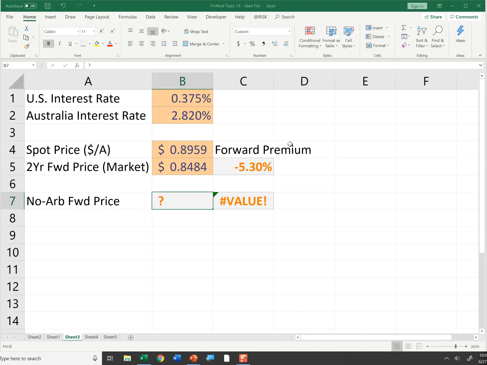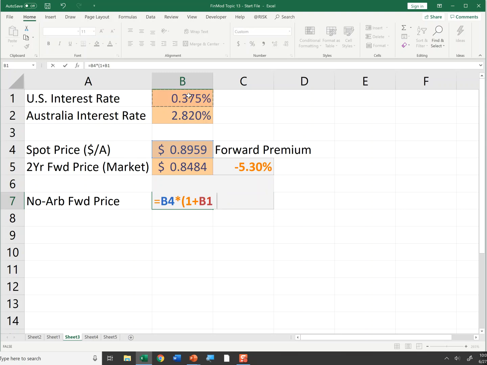So I can calculate my no arbitrage forward price, which would be the spot price dollar per Aussie times 1 plus the US interest rate divided by 1 plus the Australian interest rate, and take this second part to the T power. So in this case, the Aussie should be selling at 85 cents for a 2-year delivery.